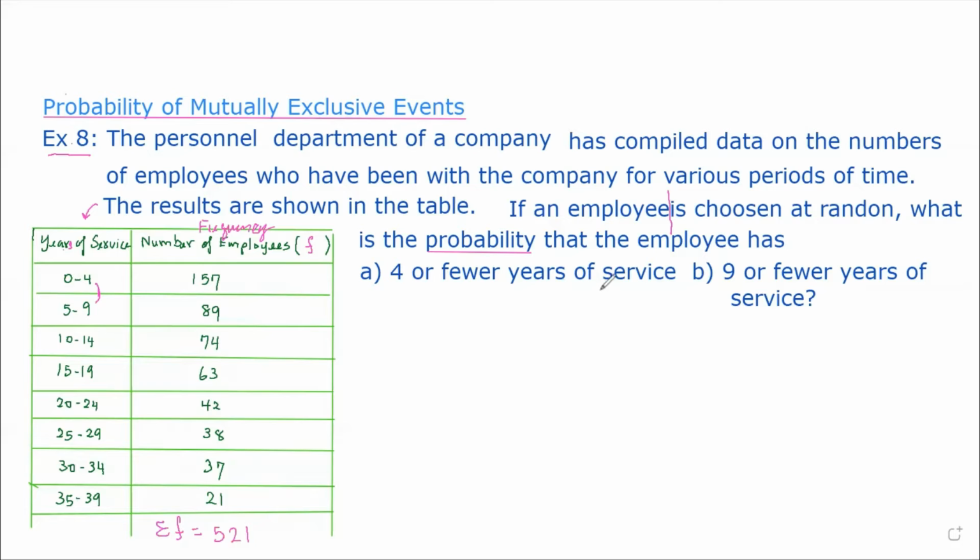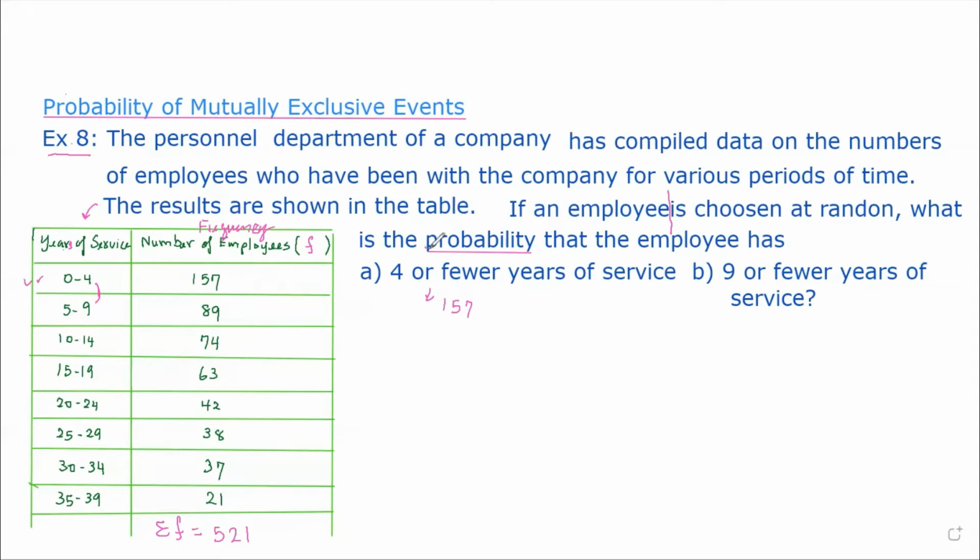4 or fewer years of service. 4 or fewer, where do they drop in? This one, 0 to 4. 4 or fewer means 4 or less, right? The fewer years than the years of service. So we have 157 for question A, 157 employees with 4 or fewer years of service.